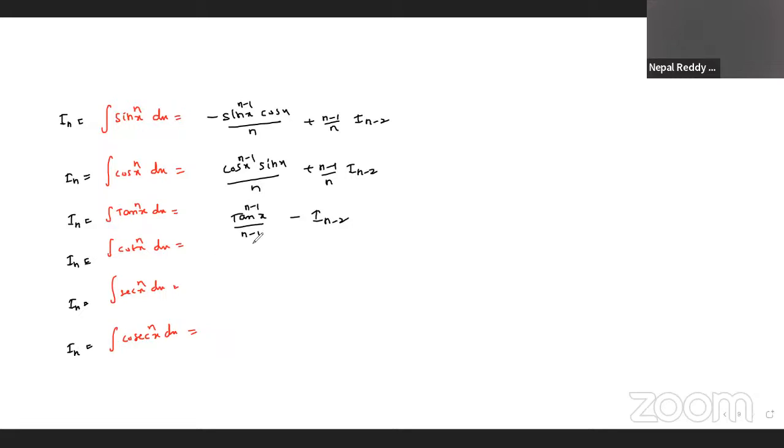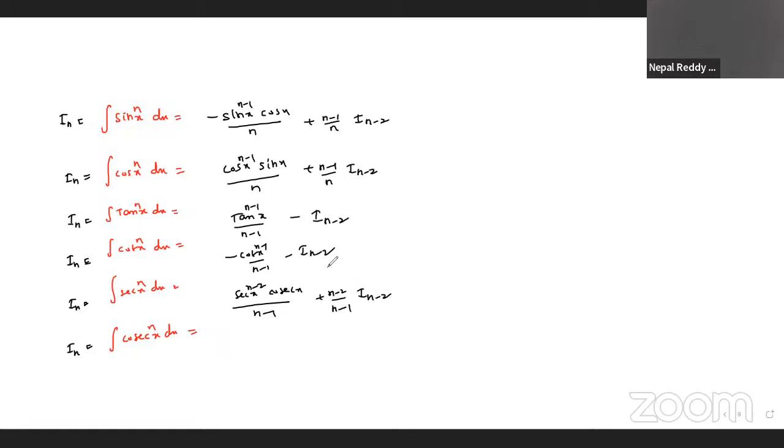And cot x whole power n, for which we'll get minus cot x power n minus 1 by n minus 1 minus I of n minus 2. Secant, all of them positive. You will get secant x whole to the power of n minus 2 into cosecant x divided by n minus 1 plus n minus 2 by n minus 1 into I of n minus 2.